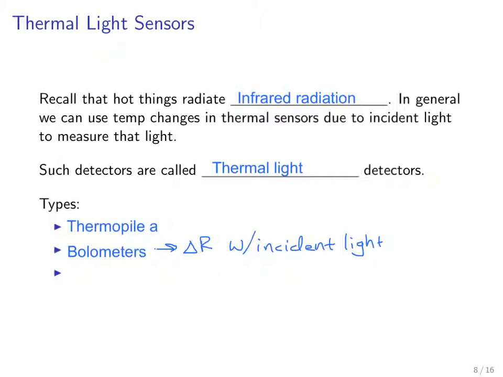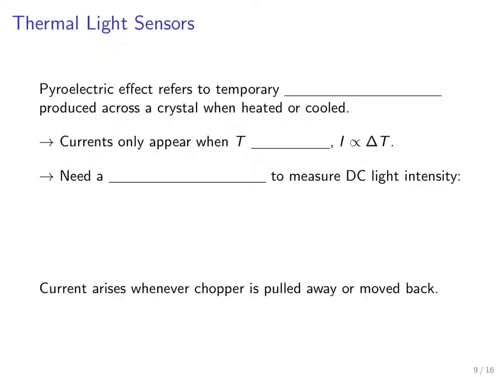And the third kind is pyroelectric. And we'll talk more in particular about pyroelectric sensors. So thermal light sensors dependent on the pyroelectric effect is what we'll talk about next.